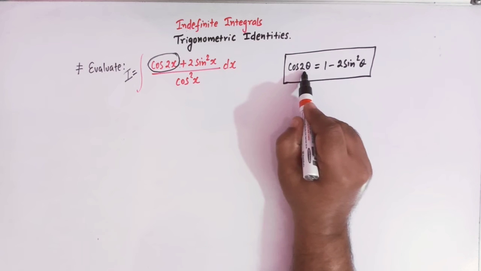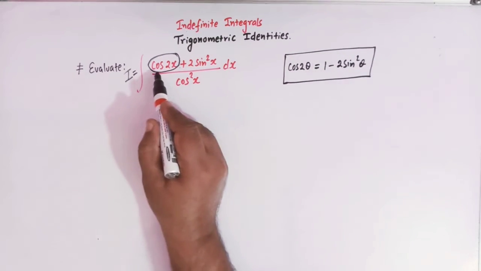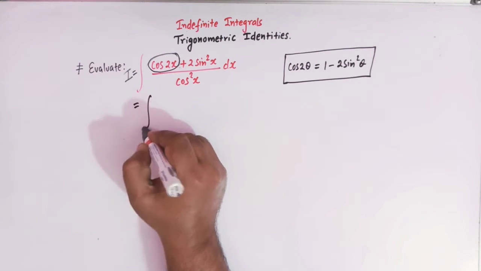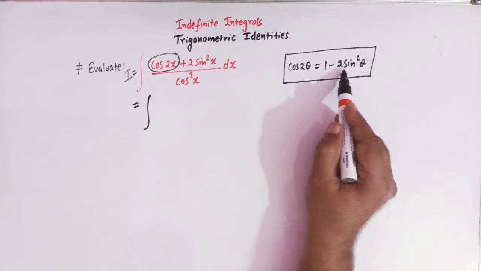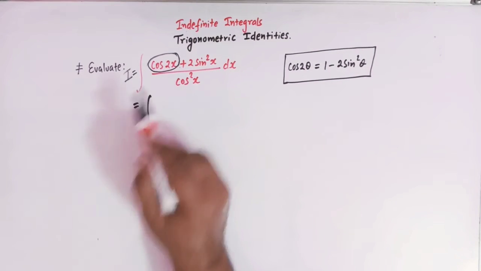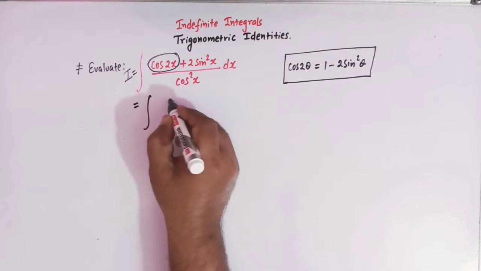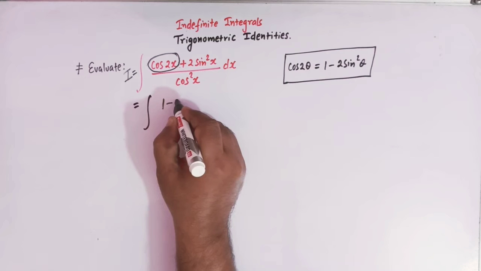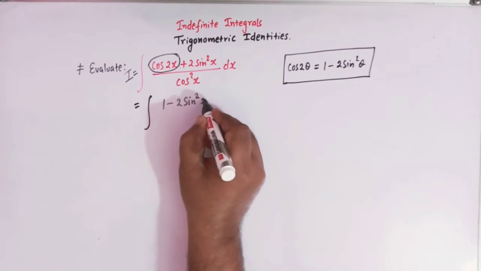So cos of 2 theta is equal to 1 minus 2 sine square theta. So here what we will do, we'll substitute 1 minus 2 sine square x for cos 2x, right? So now cos 2x can be written as 1 minus 2 sine square x, right?